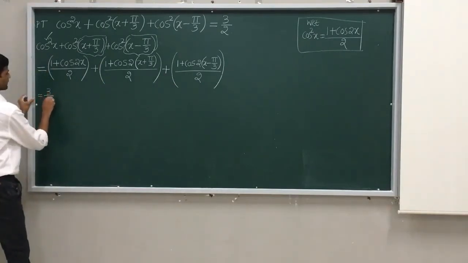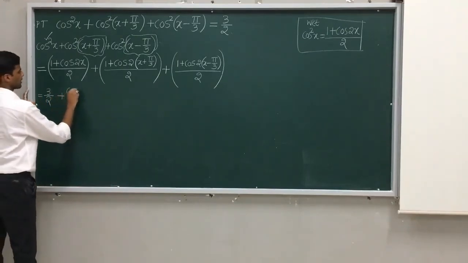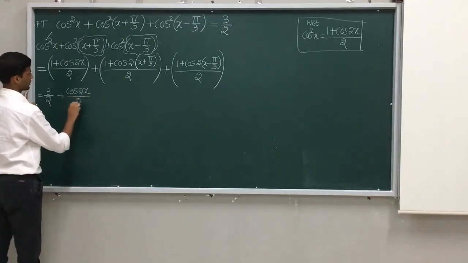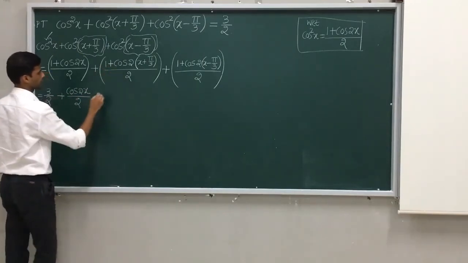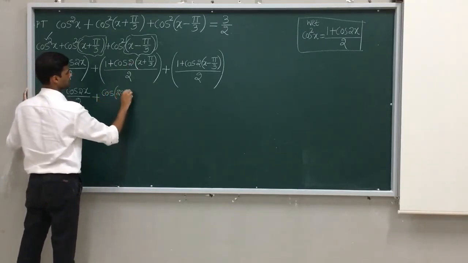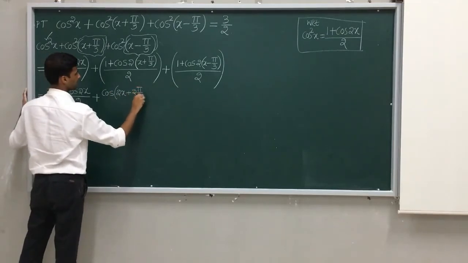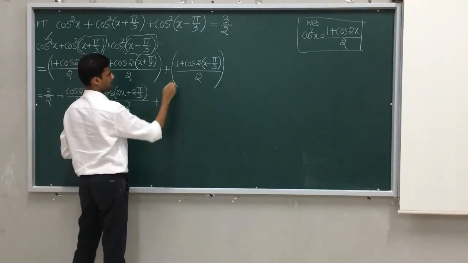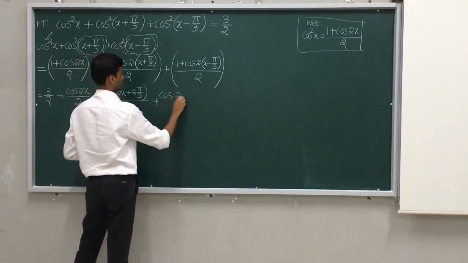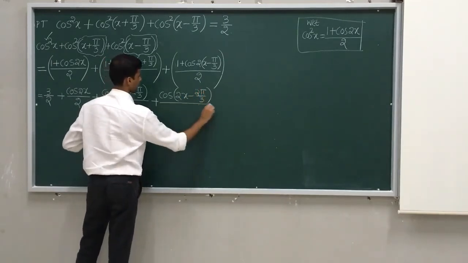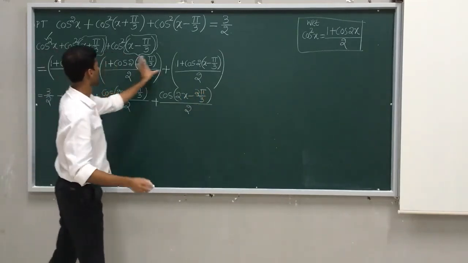Therefore, plus you are left with cos 2x by 2, plus cos of 2x plus 2 pi by 3 divided by 2, plus cos of 2x minus 2 pi by 3 divided by 2. Already we considered 1 by 2 three times, giving 3 by 2.